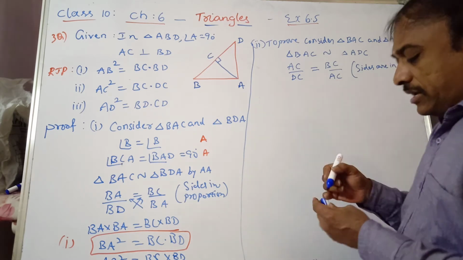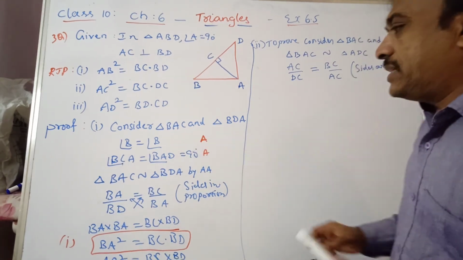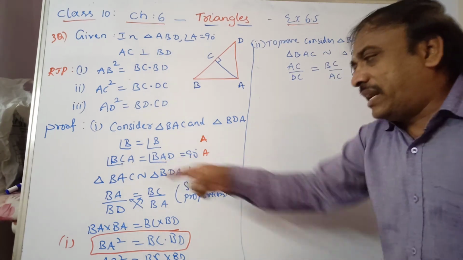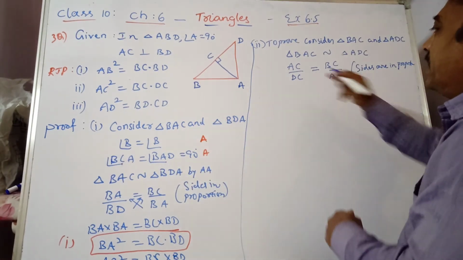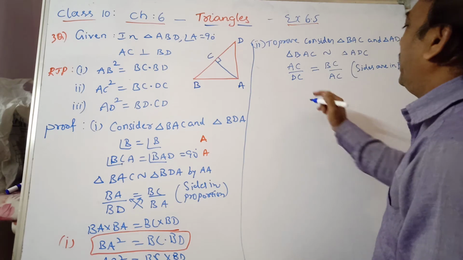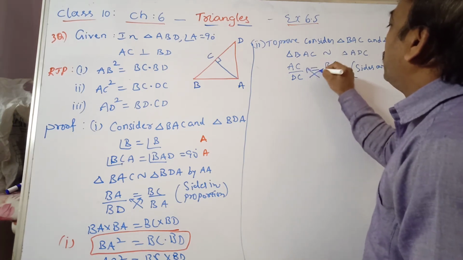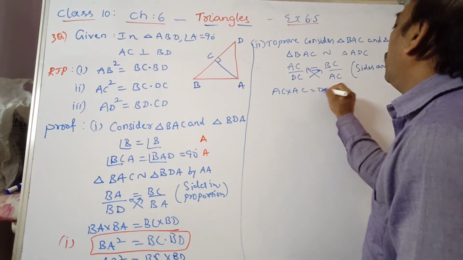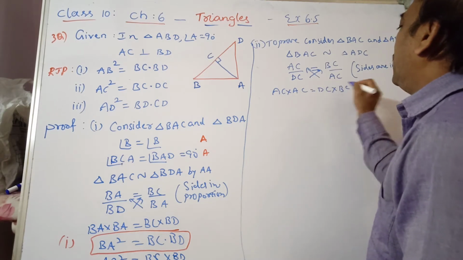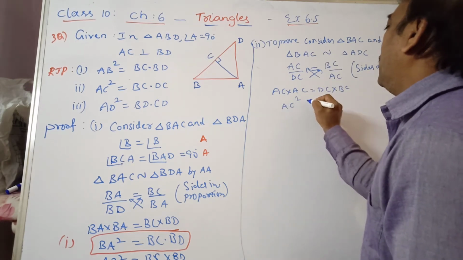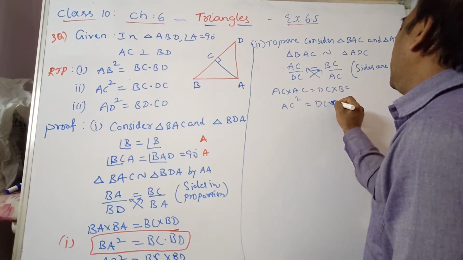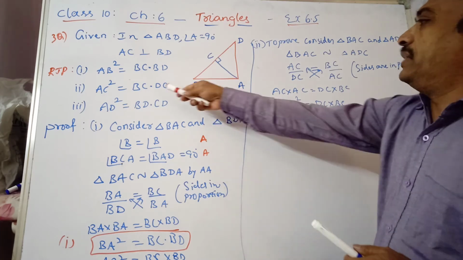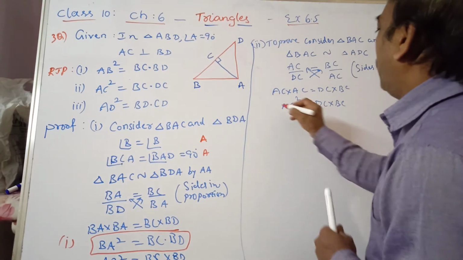Instead of AA similarity, you can even write this one. I will explain after this. Cross multiplication: AC into AC is equal to DC into BC. So AC square is equal to BC into DC. This is the second one.